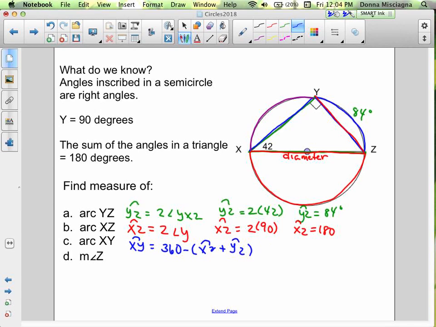So XY is equal to 360 minus, we've got 84 and 180. XZ is 180, the other one is 84. So that's 360 minus 264, and that means arc XY is equal to 96 degrees.